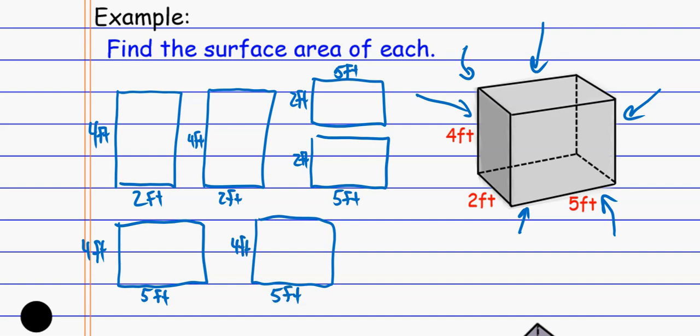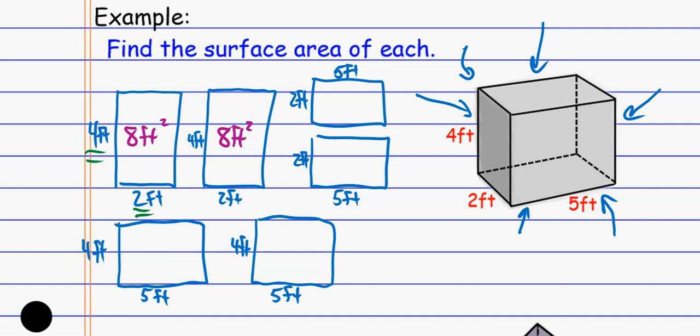Okay? So now all I need to do is find the area of each of these. To find the area of a rectangle, I just do the base times the height. And so if I look at this first rectangle, the base times the height, well, 4 times 2 is an 8. So that's 8 square feet. The next rectangle is the same thing, 8 square feet.